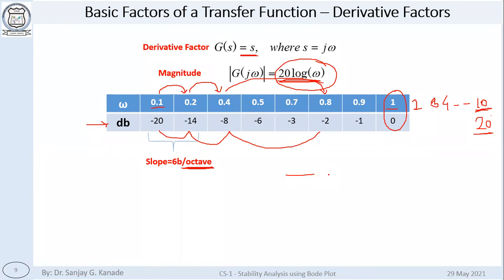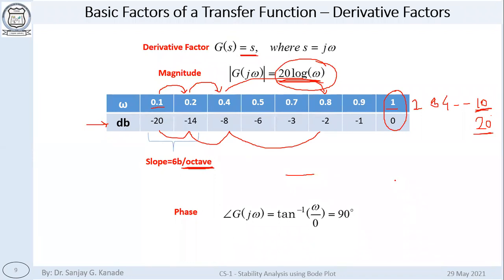That's why I have explained that the slope is also called 6 dB per octave. The most common way, of course, is to express the slope in terms of decade, and it is 20 dB per decade.